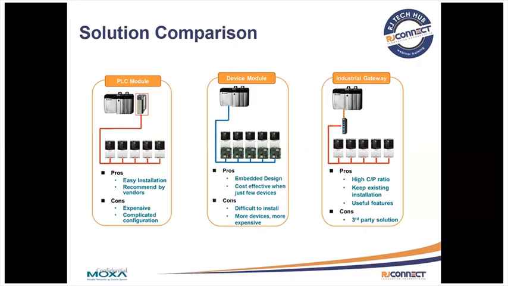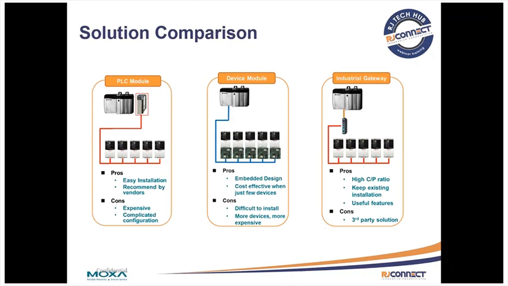The cons are it's very expensive and can be complicated to configure. We can implement device modules with embedded design. It can be cost-effective for a few devices, but it's difficult to install in some cases, and with more devices, it can get a little bit more expensive.